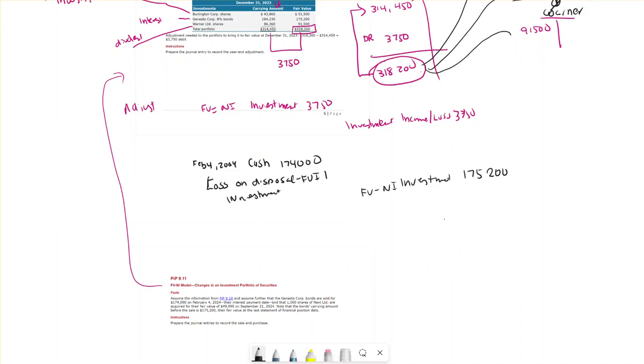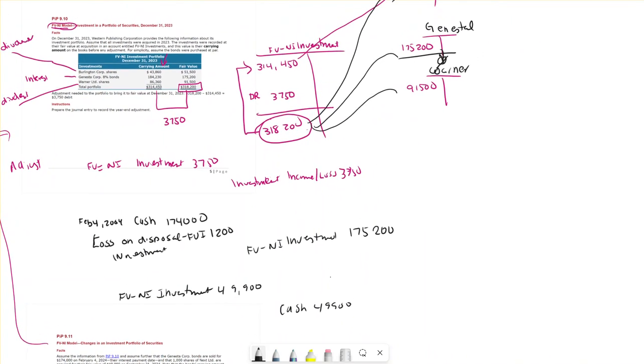The difference between those two is 1,200, and at the same time they purchased one. If they purchase it, we have to debit fair value net income investment, and the value of that will be 49,900, and then we credit cash of 49,900.